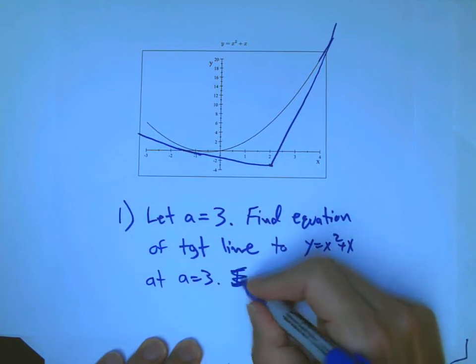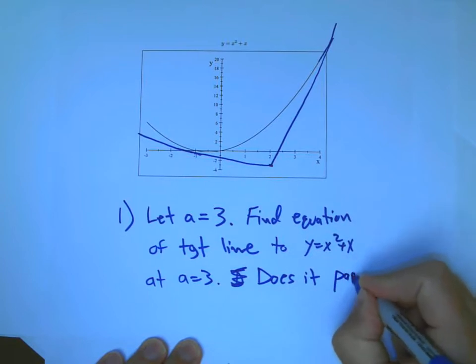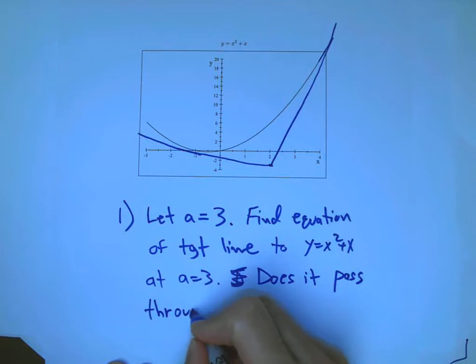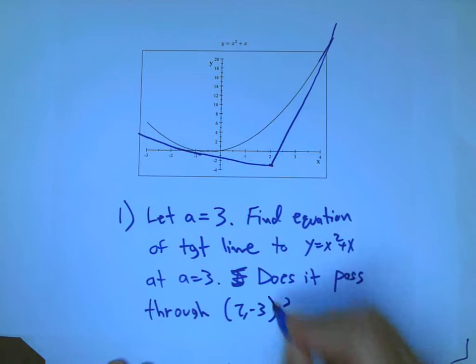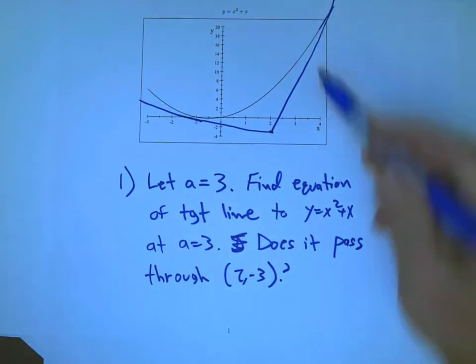And then a yes or no question: does it pass through this point (2, -3)? That's a forward version of the problem.